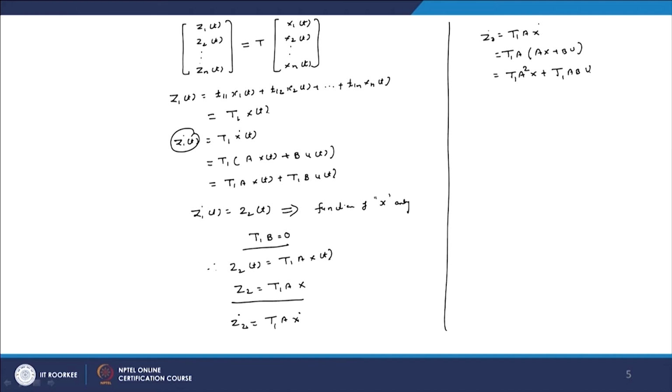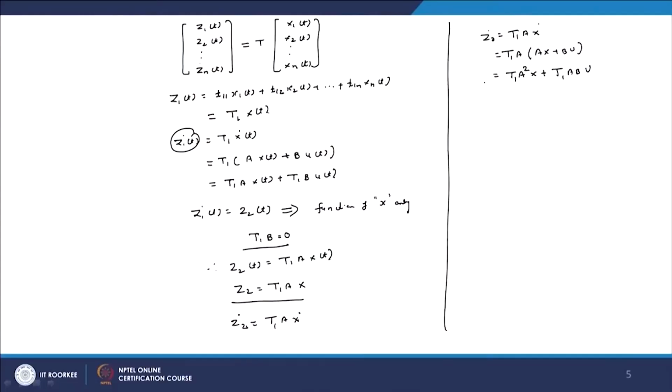Now, similar to before, as z elements are a function of x, here also this T1 A B we can take as 0. So, here we write this as z2 dot equal to z3, T1 A square x, and T1 A B equal to 0.